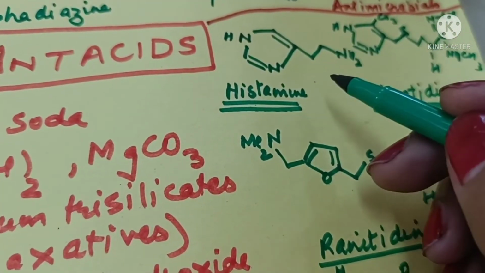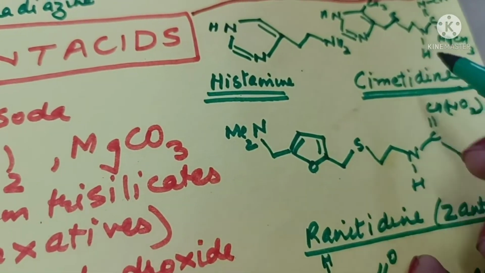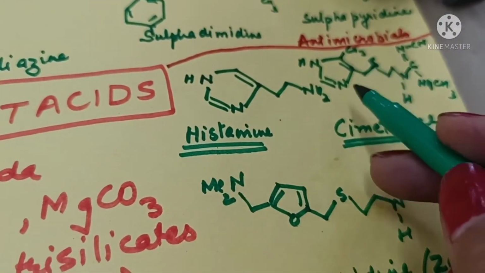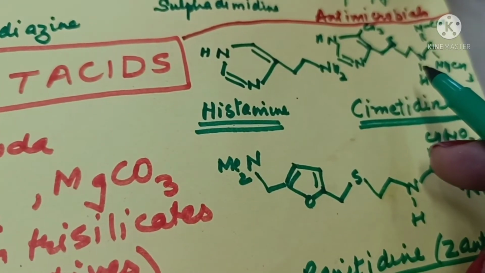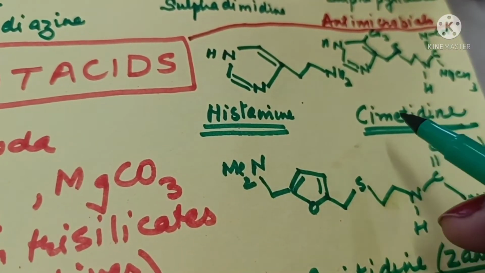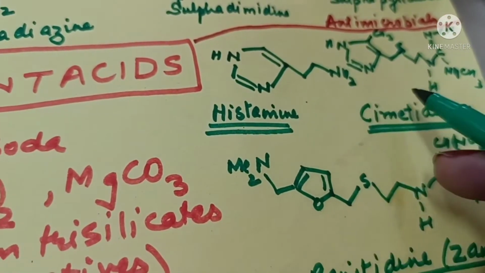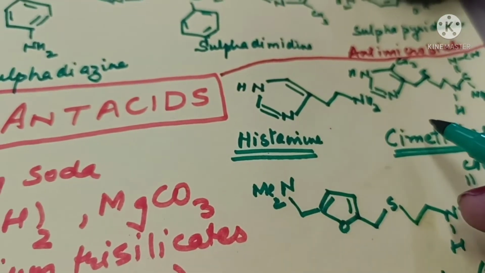So to prevent the interaction of histamine with the receptors present in stomach wall, the drug cimetidine, also called Tagamet, was designed. This results in production of lesser amount of acid.